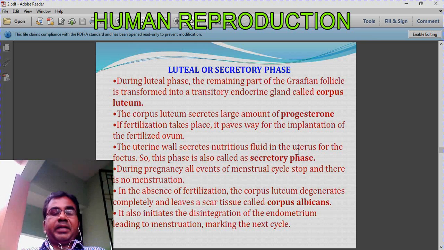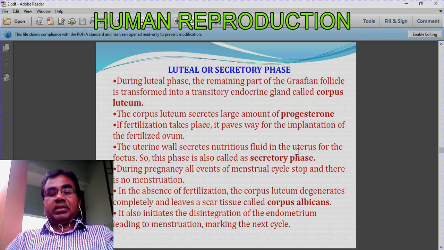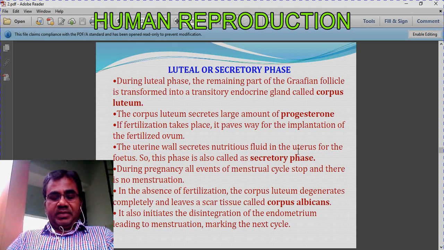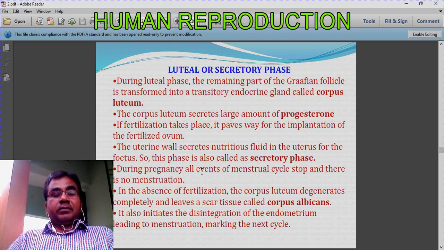And during pregnancy, all events of the menstrual cycle stop, and there will be no menstruation. Once fertilization takes place, the fertilized egg will be implanted in the uterus, and during the time of pregnancy, what will be stopped? Menstruation will be stopped.